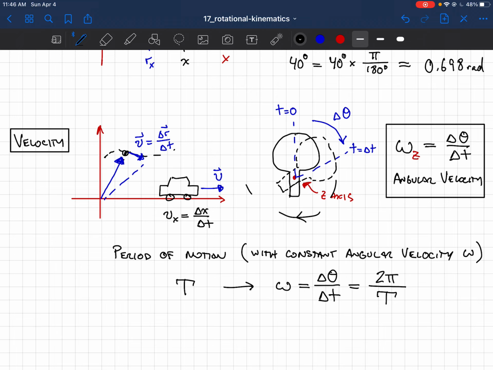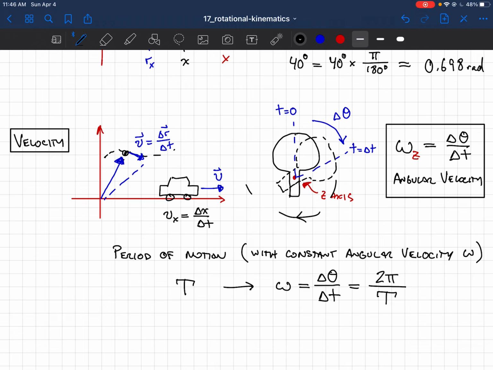So we can say that omega is equal to 2 pi over the period for an object that is rotating with constant angular velocity. So it's a relationship between the period of rotation and this angular velocity.